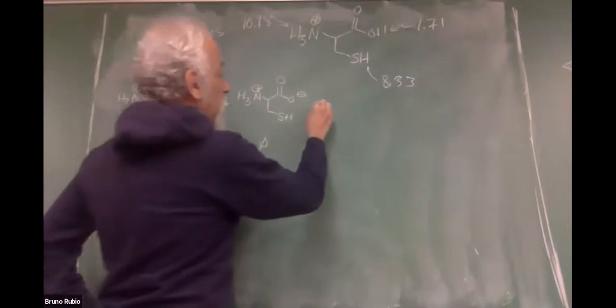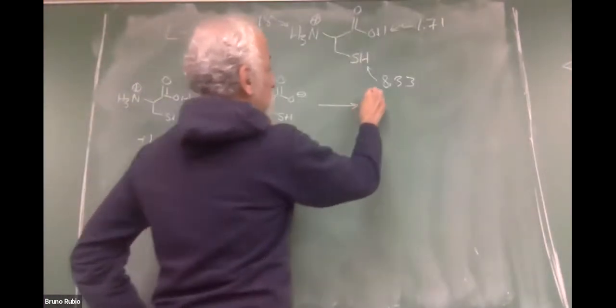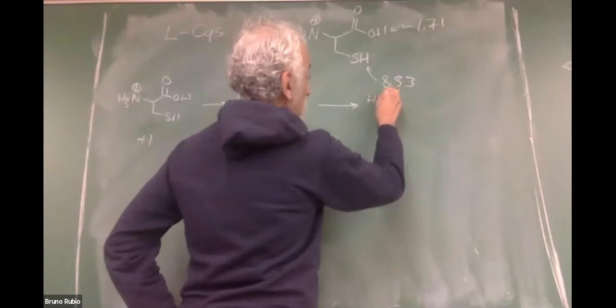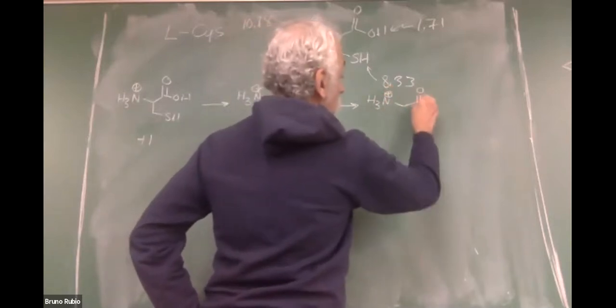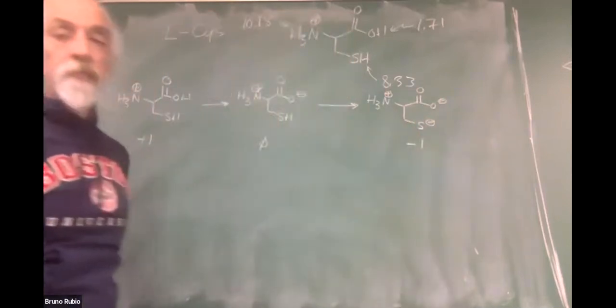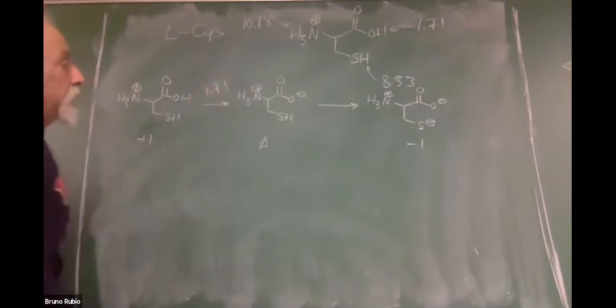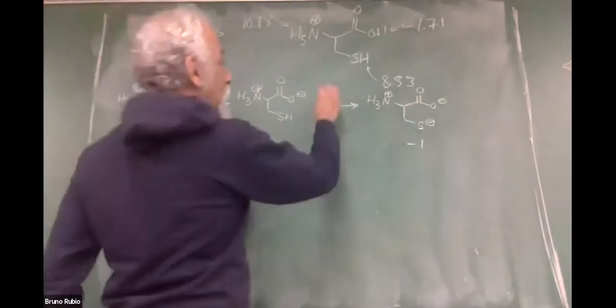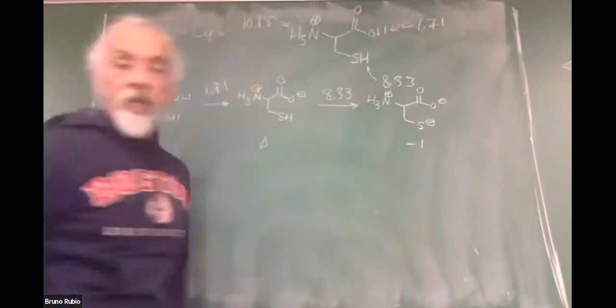Now take away the next most acidic proton. That's the -1. Okay, and so the isoelectric pH of cysteine is going to be, what was the pKa I used here? That was the 1.71. What was the pKa I used here? That's the 8.33. The isoelectric point is going to be the average of these two numbers.